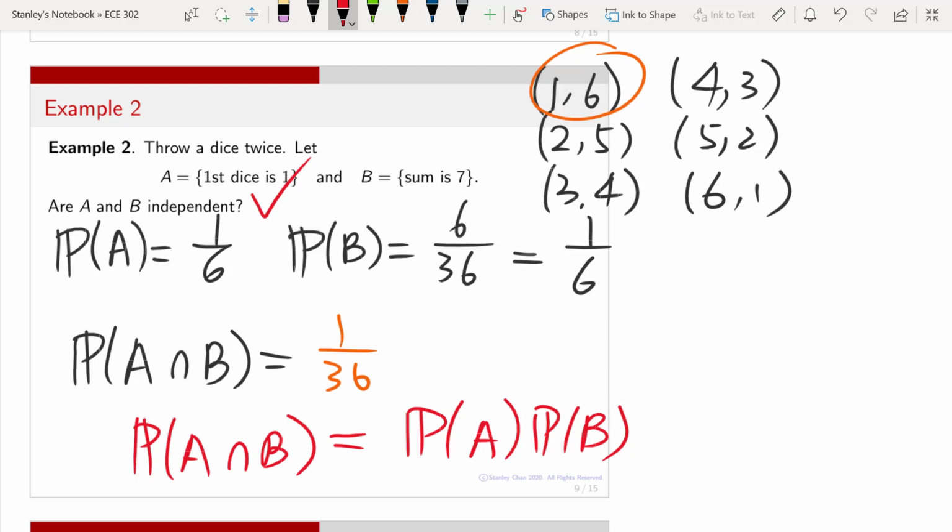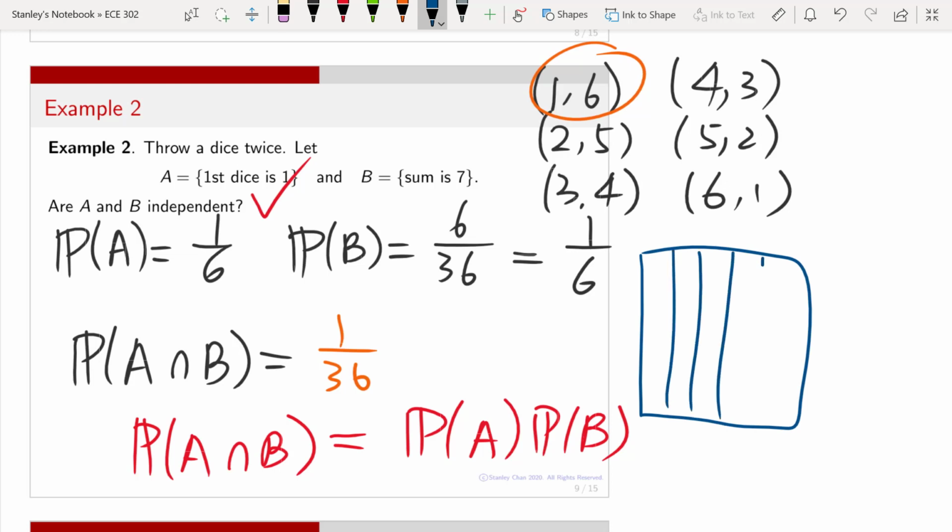Okay, why is this true? Well, you can again go back to the diagram. You can draw the diagram and show that here you have 36 options. Among these 36 options, you can choose 1, 6, and then 2, 5, 5, 2, 3, 4, and so on.